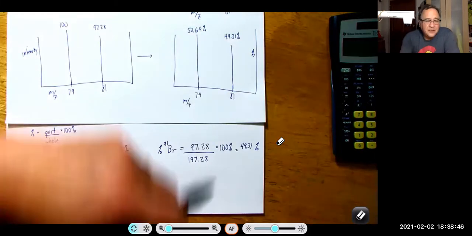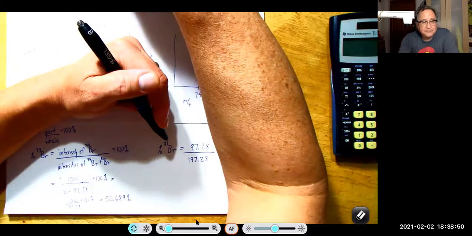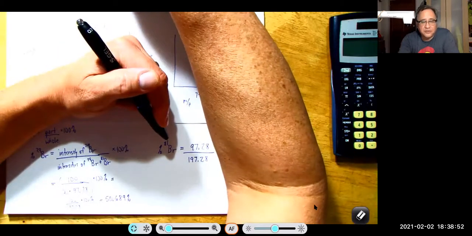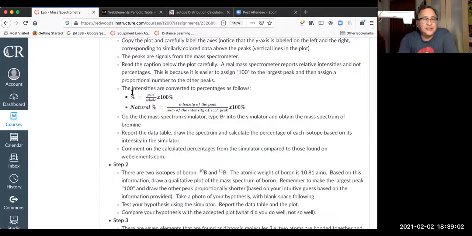Okay, now I'm going to go back to the lab. So I'm going back to my web browser, and I'm going to go to the lab write-up or the lab description. So do you see this part here where it says the intensities are converted to percentages as follows? That's what we just did.